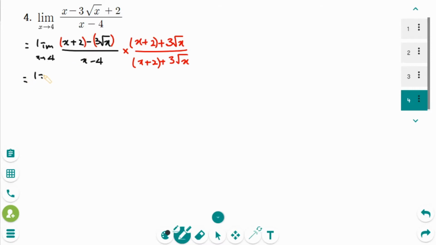Then expand the numerator. So (x plus 2) squared minus (3 square root of x) squared over, keep the factored form in the denominator, (x minus 4) times (x plus 2 plus 3 square root of x).